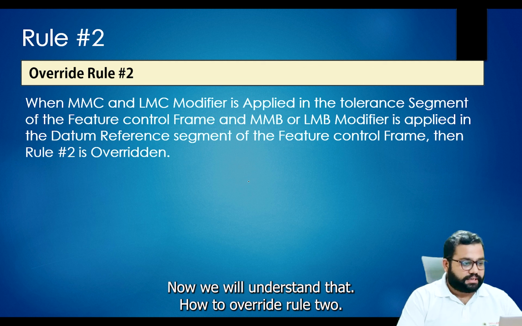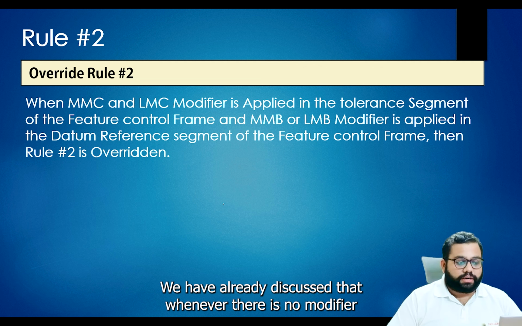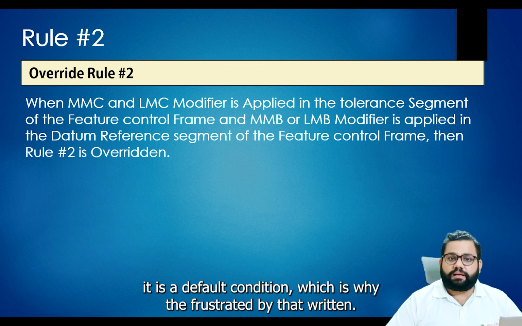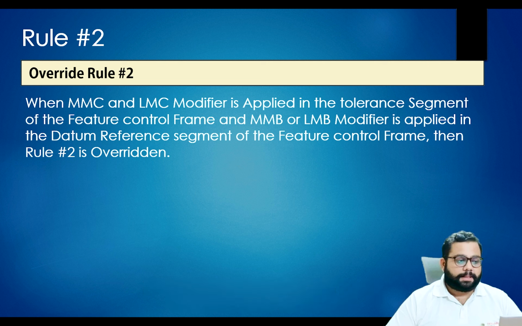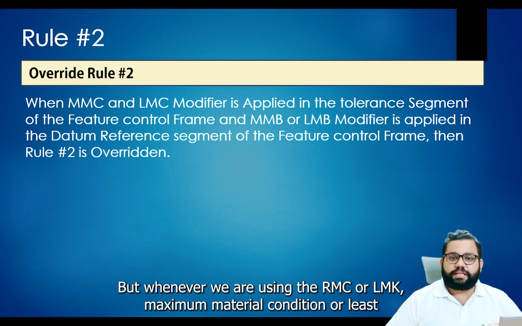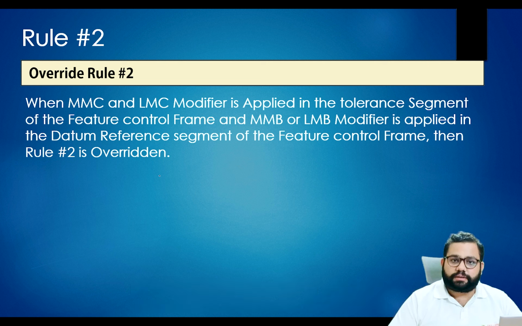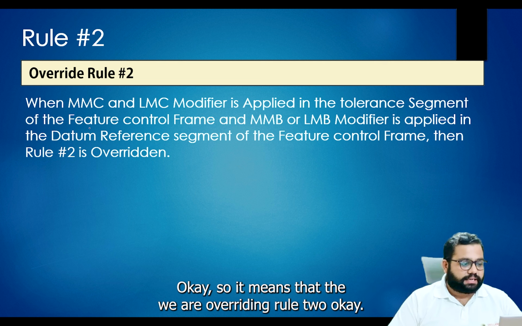Now we will understand how to override rule 2. We have already discussed that whenever there is no modifier used in the feature control frame, it is a default condition, which is stated by rule 2. But whenever we are using the MMC or LMC, maximum material condition or least material condition modifier, in the tolerance segment of the feature control frame, okay, it means that we are overriding rule 2.